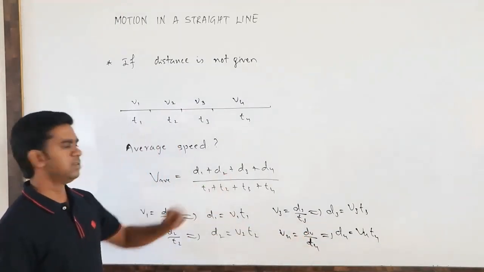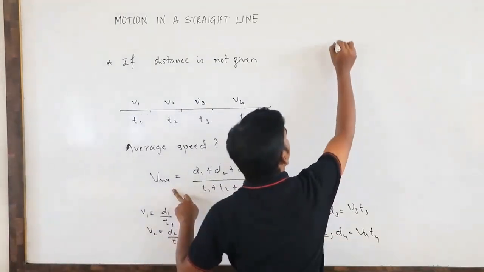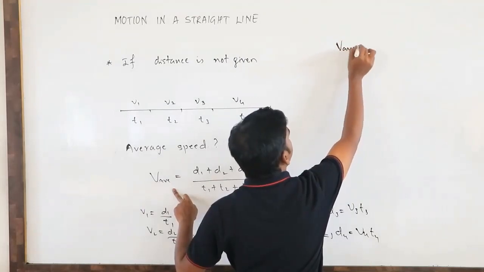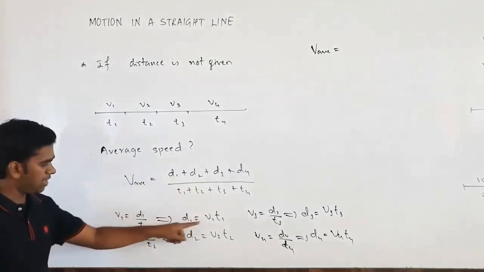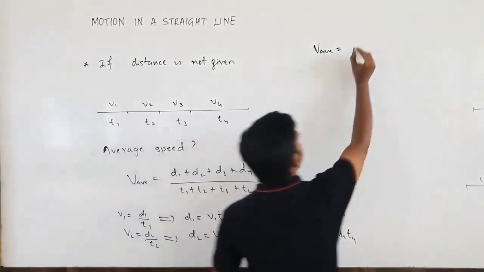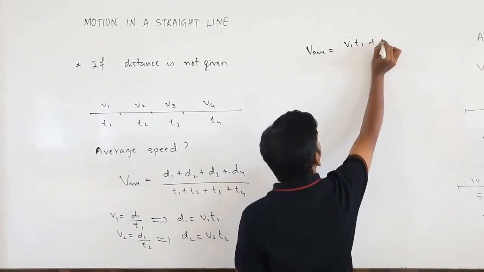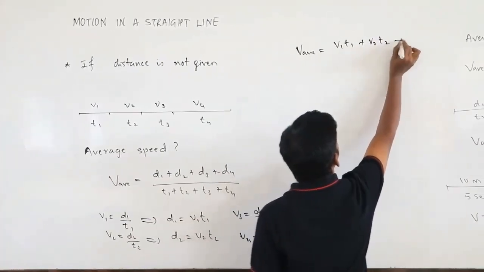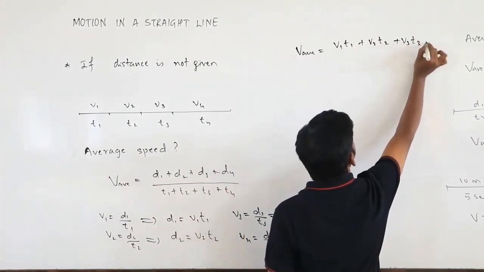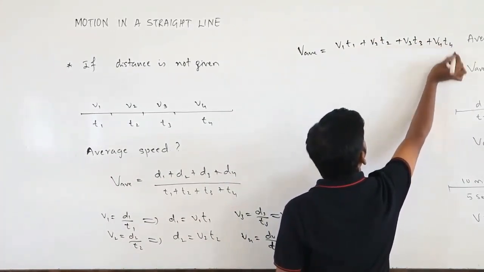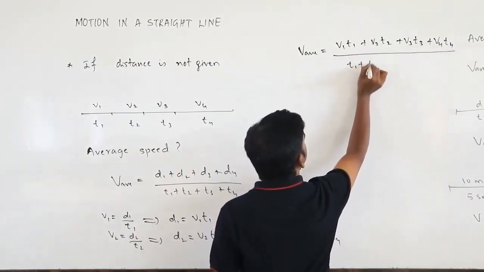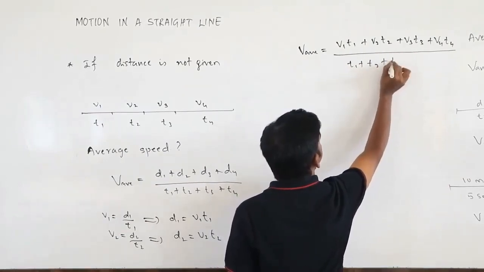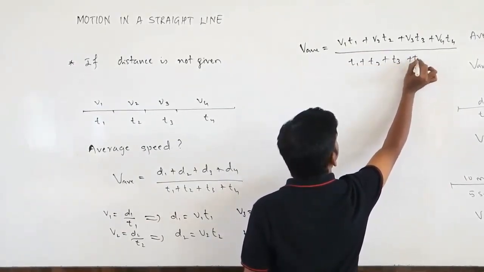Substitute here. If you substitute, v average will become, in place of d1 you write v1 into t1, so v1 t1 plus v2 t2 plus v3 t3 plus v4 t4, whole divided by t1 plus t2 plus t3 plus t4.